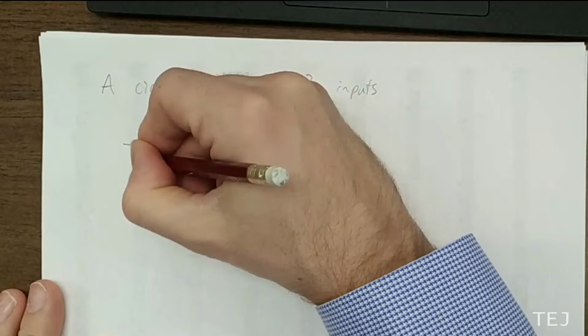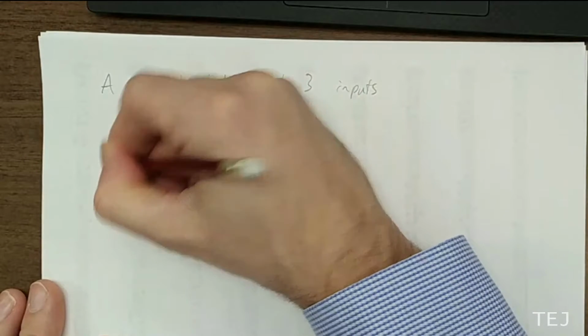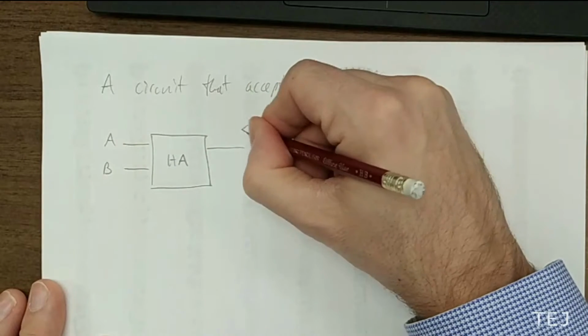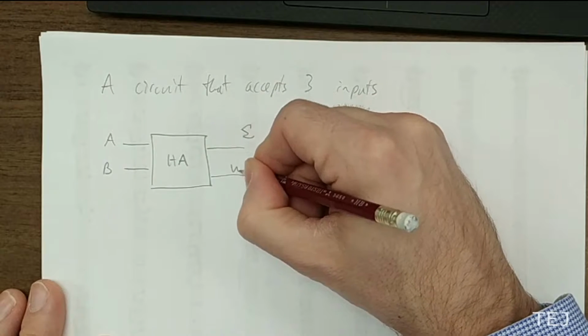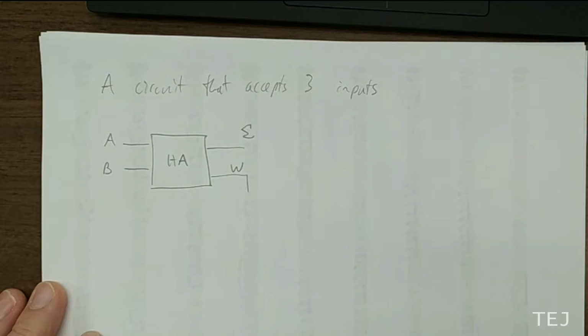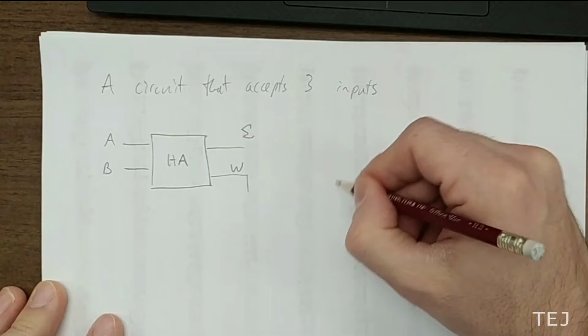So here is what we had on the last slide. We had sigma, and over here, instead of C out, we're going to call that W. And we're going to have another half adder over here.